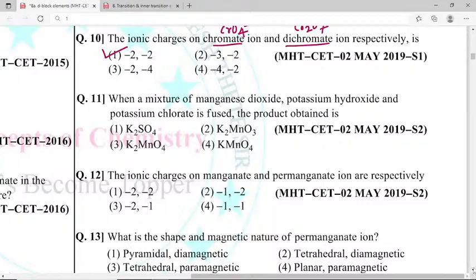When a mixture of manganese dioxide, potassium hydroxide and potassium chlorate is fused, the product obtained is K2MnO4, potassium manganate.